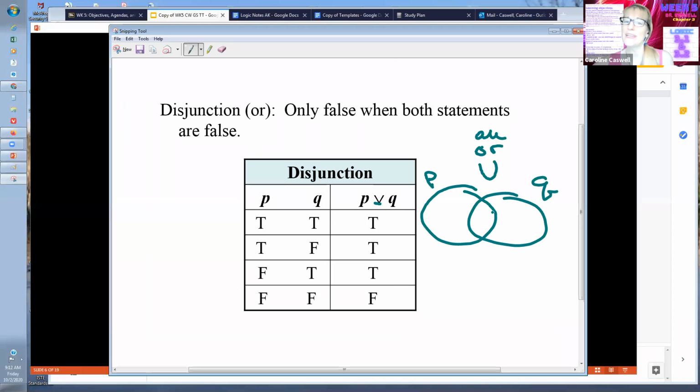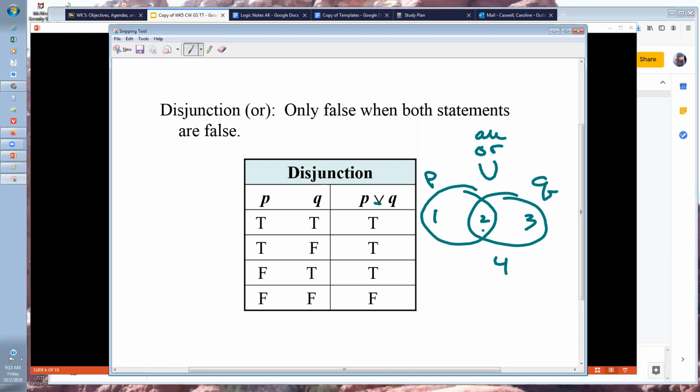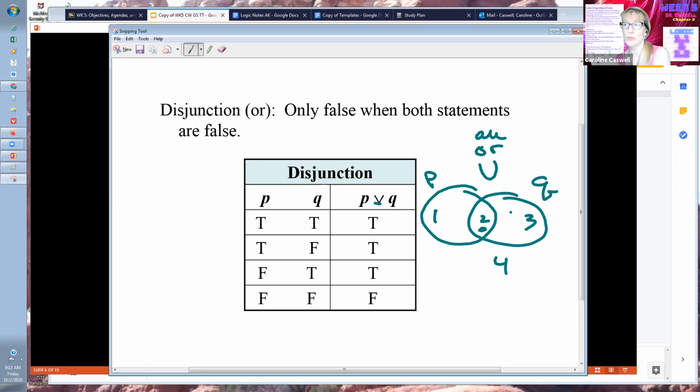Now think about it. If it's TT, where is that? Region 1, Region 2, Region 3, or Region 4? Number 2. That's correct. If you're doing a V, you're looking at U. The intersection between them is the center always, so that's TT. What happens if it's TF?